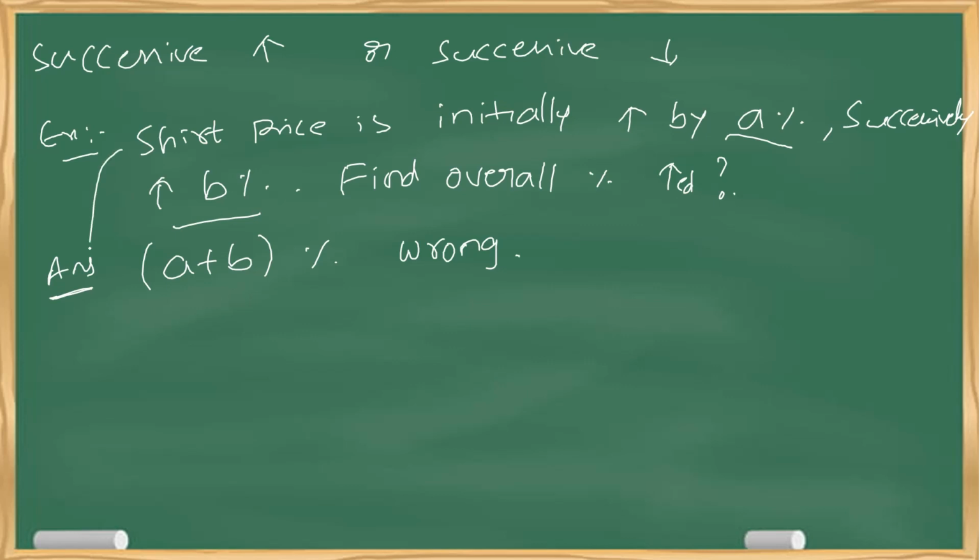So whenever you have these kind of questions, you assume the shirt price as 100 percentage. Understand the point here? Or else 100 rupees. And assume a percentage is equal to some 20 percentage. Okay, and b percentage is equal to some 25 percentage. Okay, example, just assumption only.